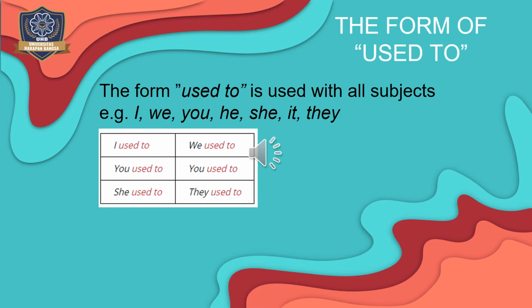The form of used to itself is used with all the subjects. For example, I, we, you, he, she, it, and they. So if you are using the subject I, follow directly with used to.